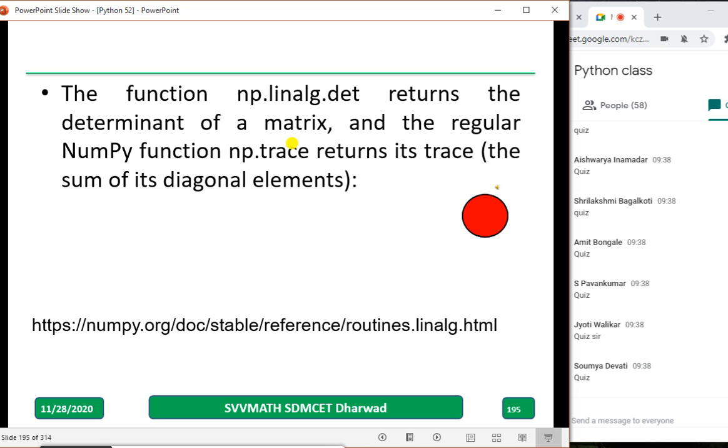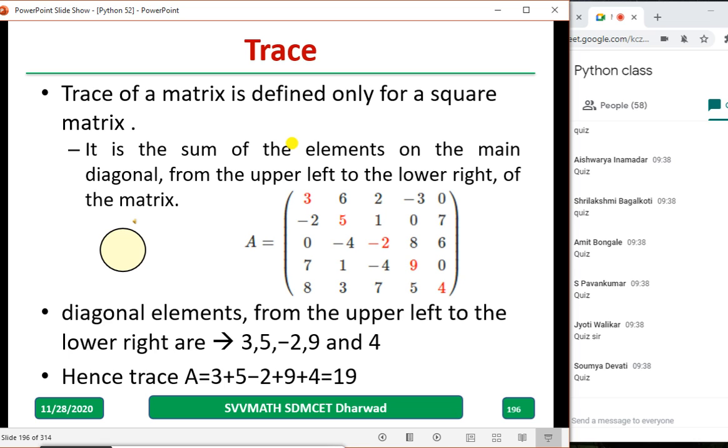Anyway, now we'll continue to the next slide. Trace, how to find it. I have taken a small example. It is the sum of the elements on the main diagonal from the upper left corner to the lower right of the matrix. A color is changed so that you can understand. I'm adding these. Just take a minute and go through. If you are not remembering the trace, now also you can recall.